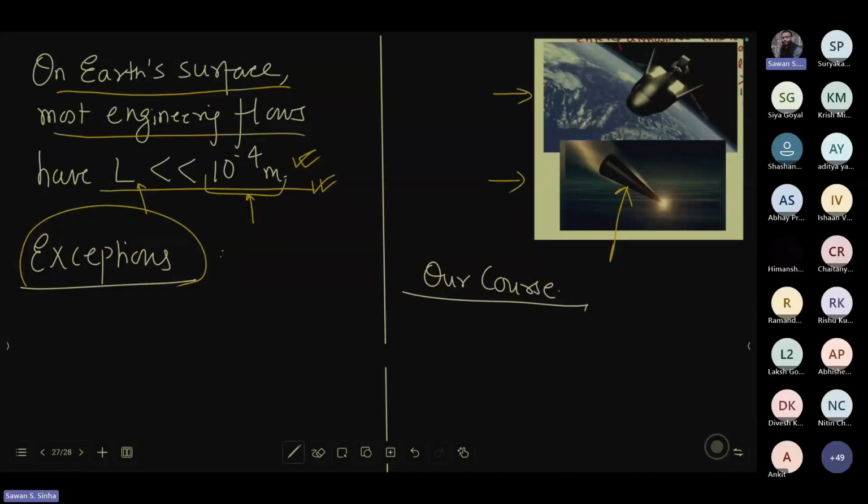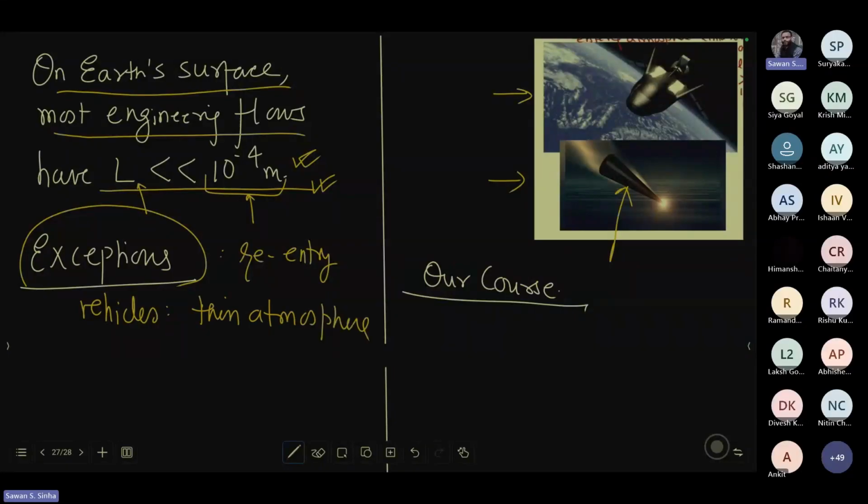When it tries to come back, initially the atmosphere is very thin. Re-entry vehicles. In thin atmosphere, what will happen?